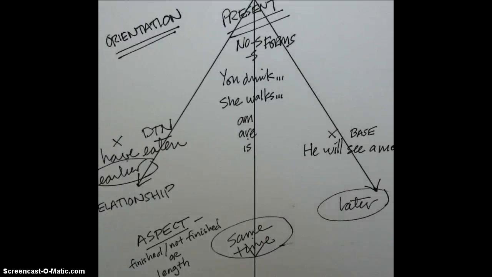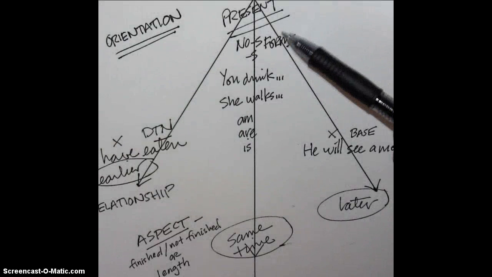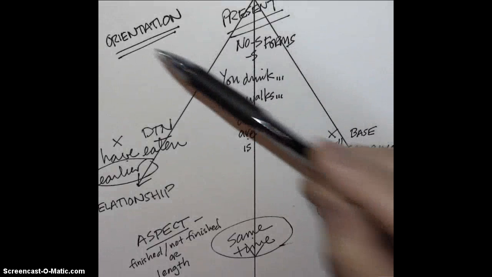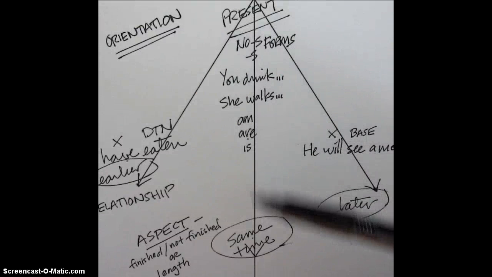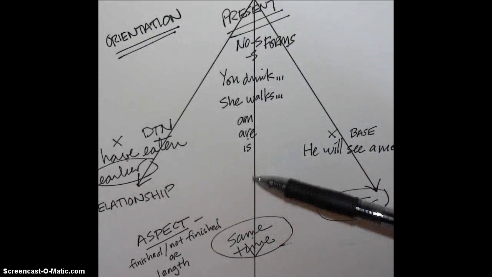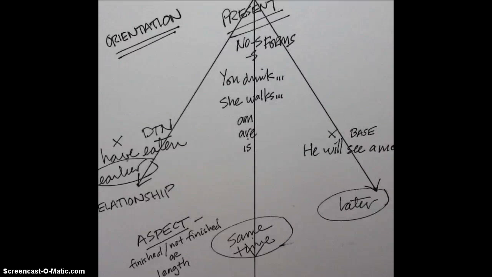And the duration could be 2 or 3 seconds, or it could be 2 or 3 hours or 2 or 3 days. It doesn't matter. But how we show that is with the ing form. And let's say we're talking about the present. That's the orientation. The action is in a relationship of same time to the time we're talking about. So let's say we're talking about now in the present.